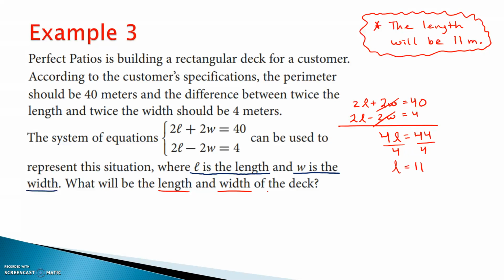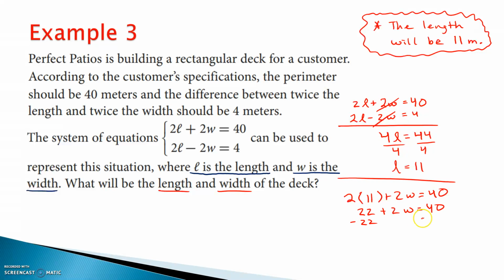How do we find that? Well, we have to substitute back into the problem. I'm going to use the first one. So we're going to say 2 times the 11 plus 2W is equal to 40. That's 22 plus 2W is equal to 40.